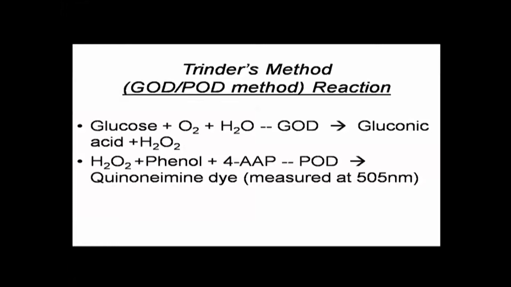So, this is the schematic reaction where you can see glucose is first converted to gluconic acid and hydrogen peroxide. This hydrogen peroxide in turn, by combining with 4-AAP and phenol, gives rise to quinonimine dye, which can be measured at 505 nanometer.